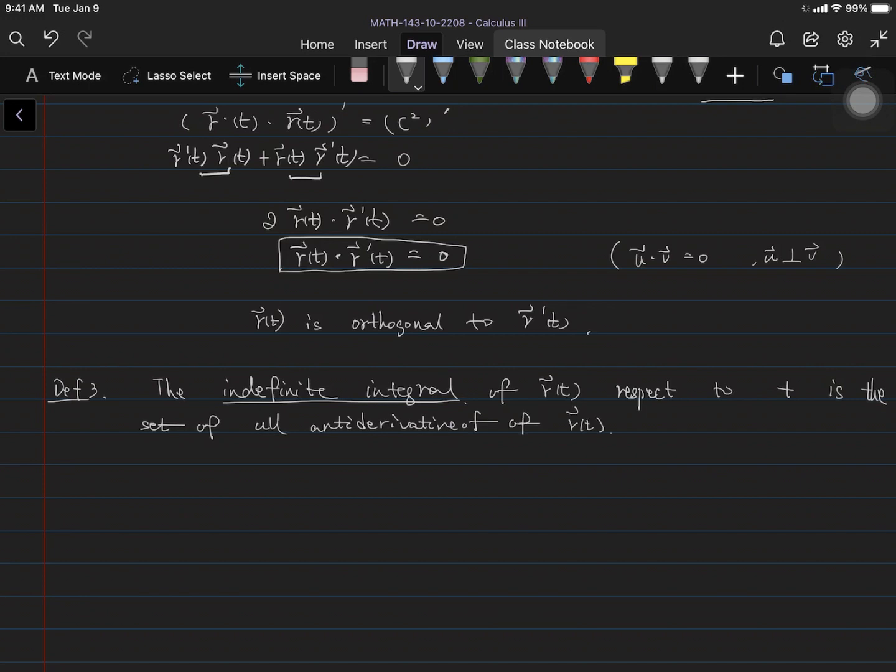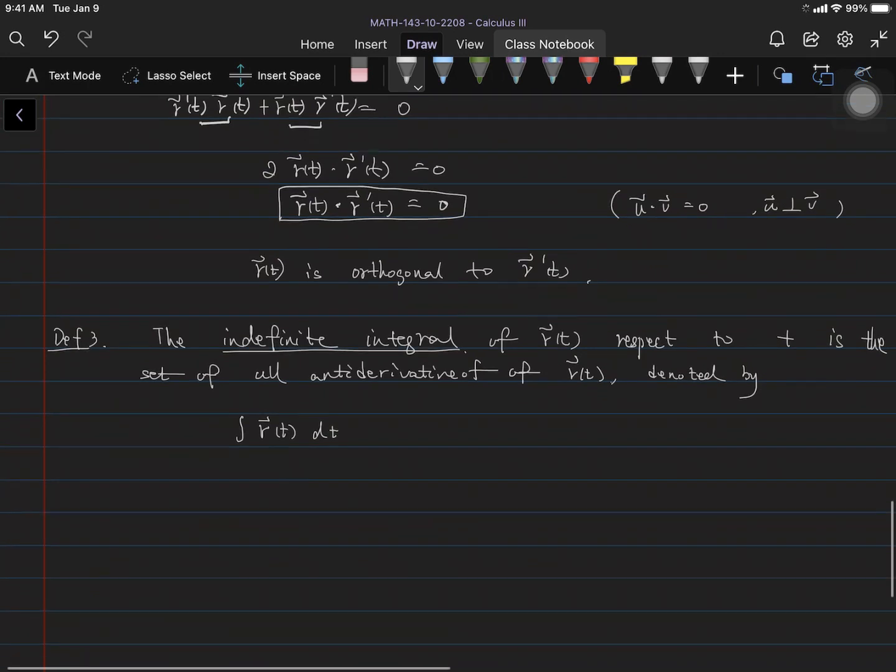So we define it this way, denoted by the integral of r(t) dt. It's the same as the indefinite integral before, but here we write it as a vector, and dt, and t is the variable.